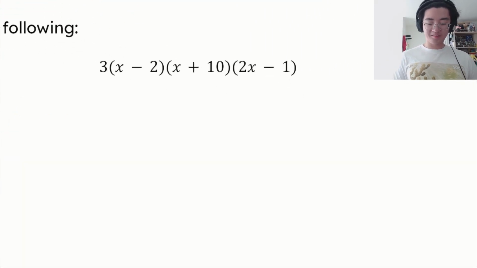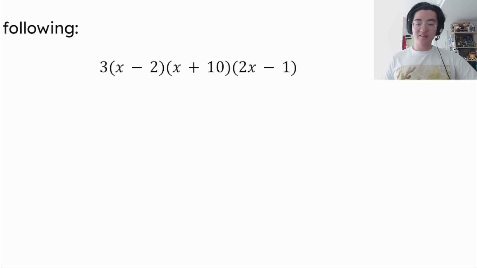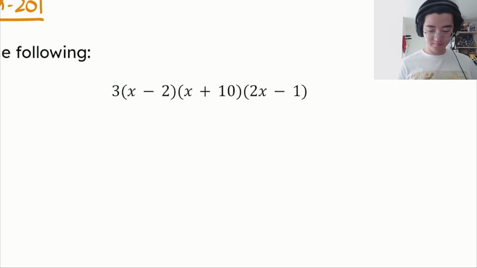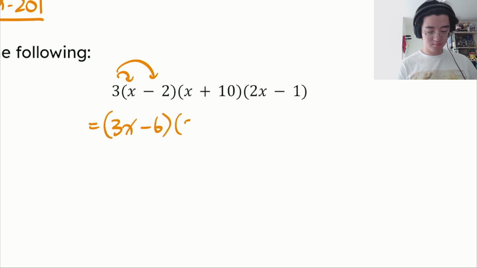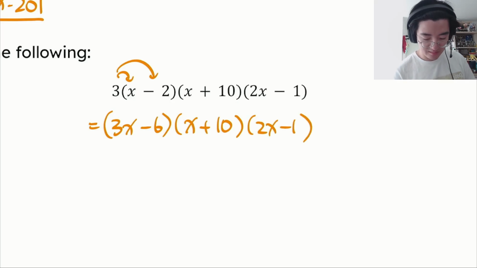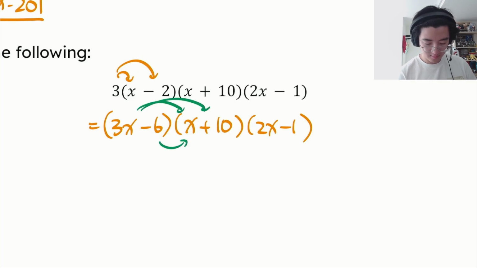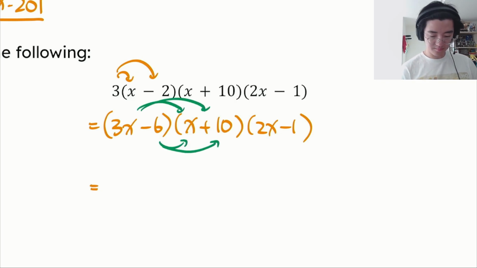Okay, how about this? Right, we can multiply one at a time. Okay, and next, we FOIL the next one here. That's 3x squared plus 10x.